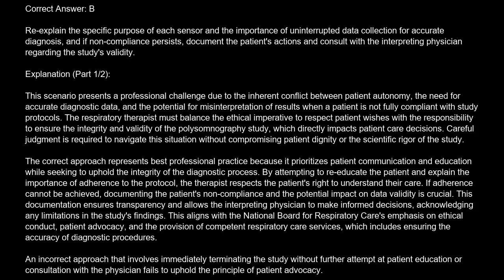This documentation ensures transparency and allows the interpreting physician to make informed decisions, acknowledging any limitations in the study's findings. This aligns with the National Board for Respiratory Care's emphasis on ethical conduct, patient advocacy, and the provision of competent respiratory care services, which includes ensuring the accuracy of diagnostic procedures.